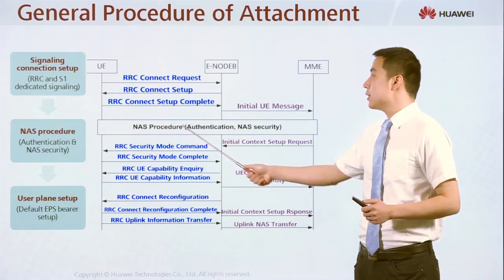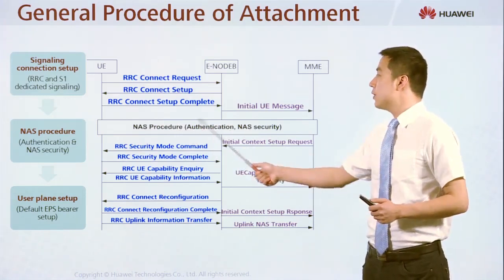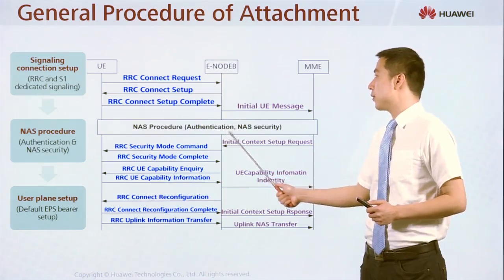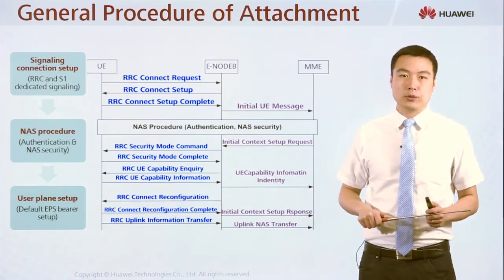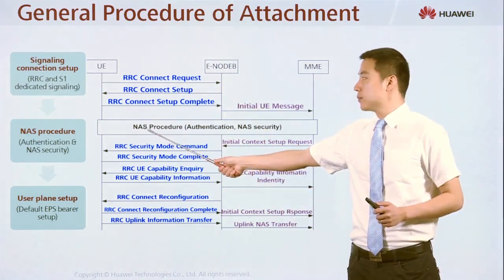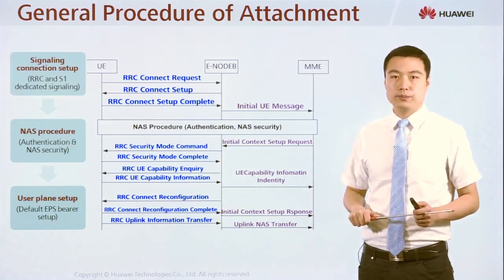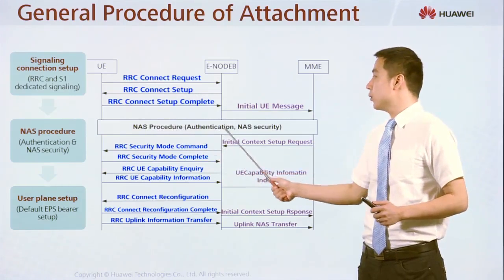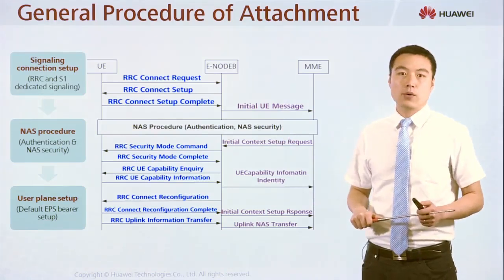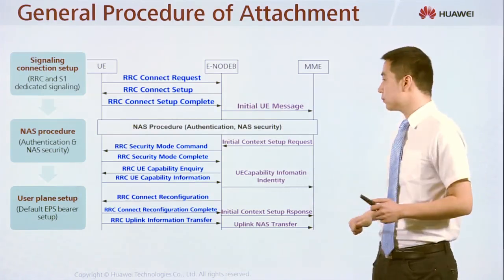The next procedure is the NAS procedure, including the authentication and the NAS security. This authentication between the UE and MME is totally transparent for our radio access network, for our eNode B. So that's why we call it NAS procedure. NAS here means non-access stratum, which means it's not related with the access network, not related with eNode B.